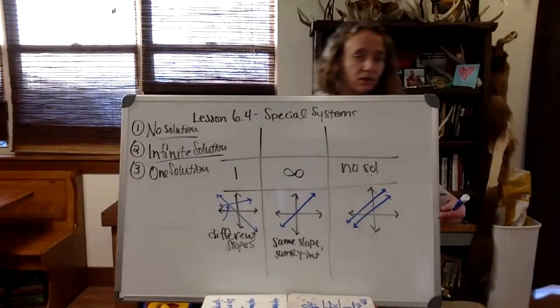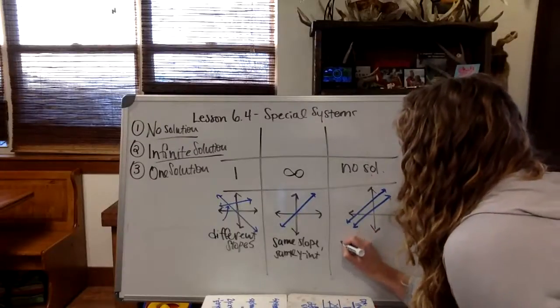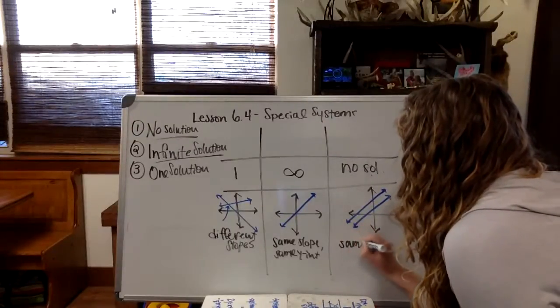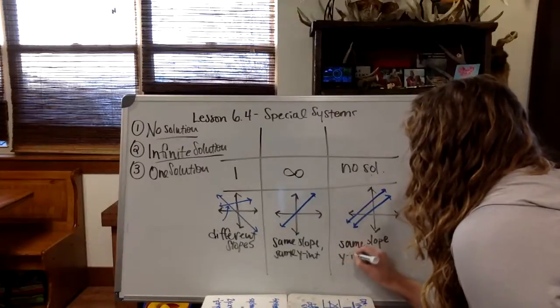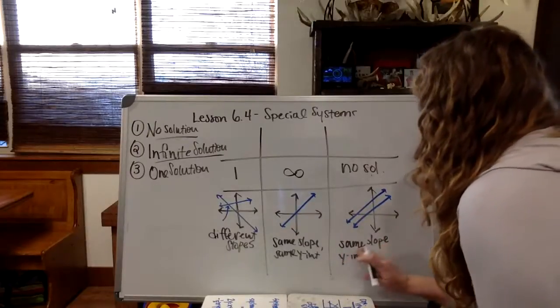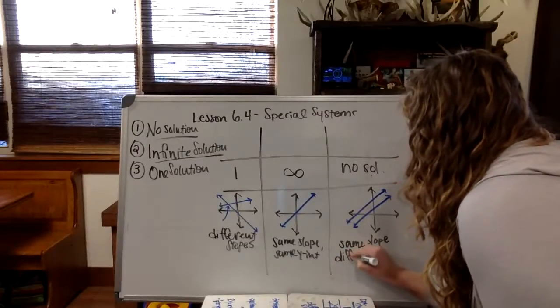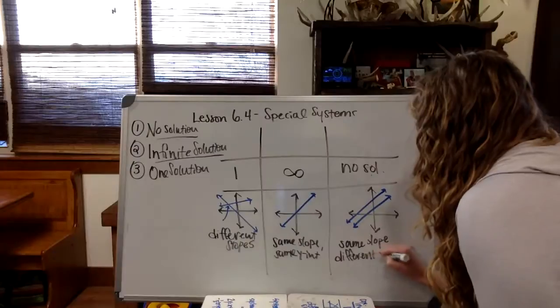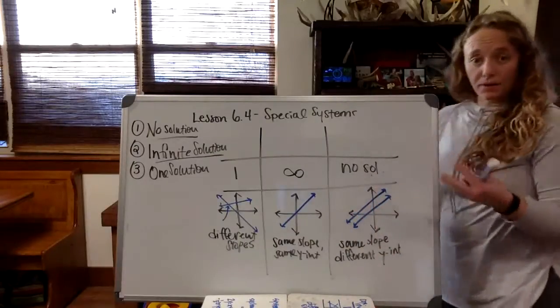And last but not least, for parallel lines with no solutions, we would want to see the same slope, but different y-intercepts, so we can truly see that they're not ever going to meet.